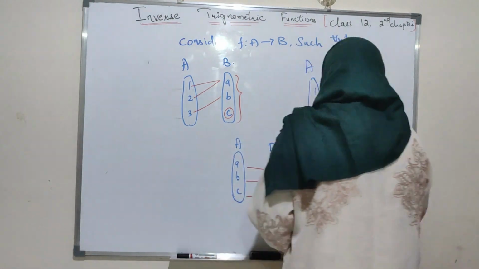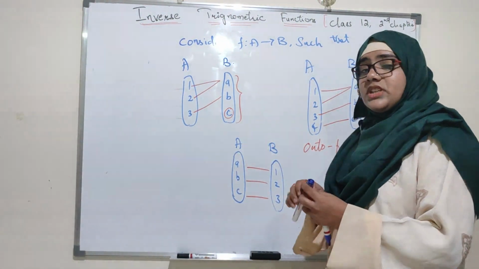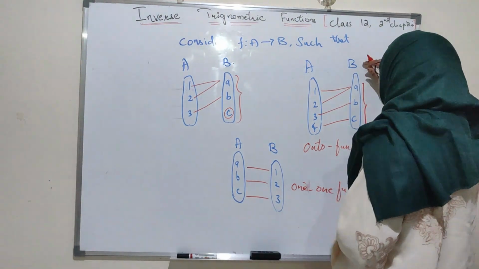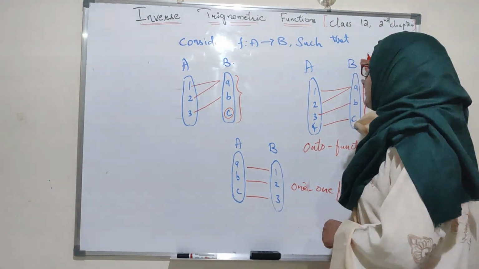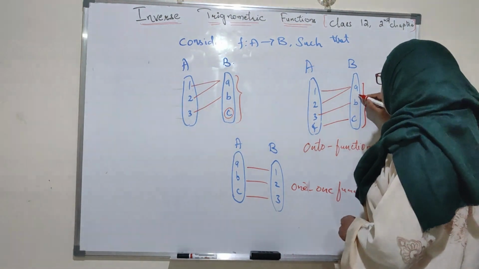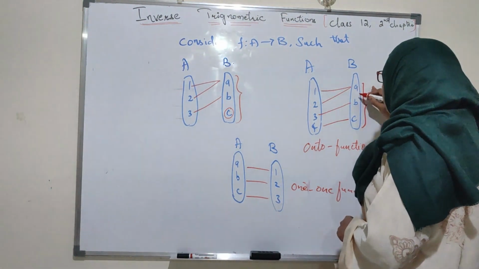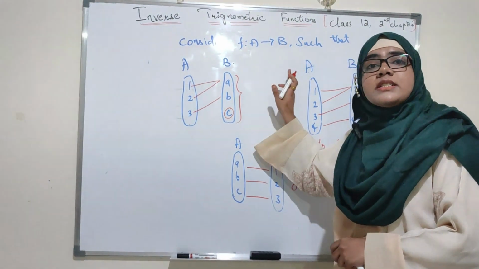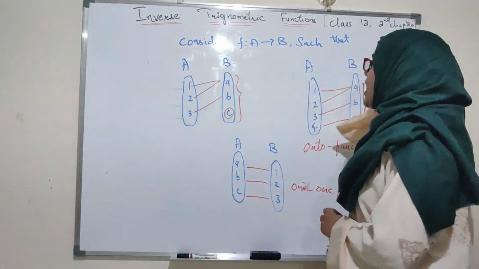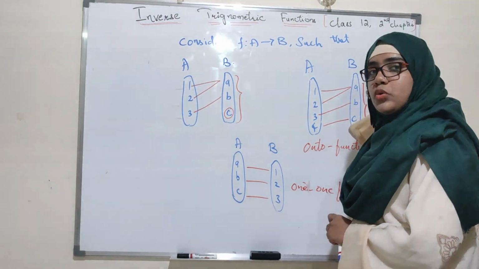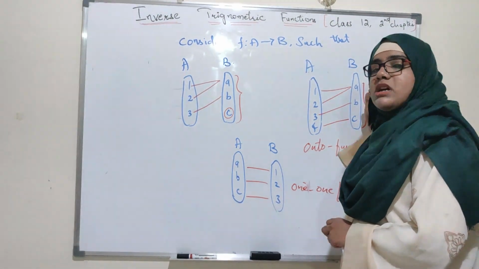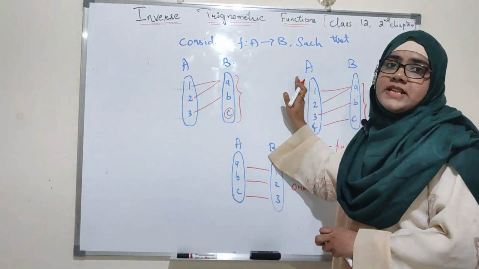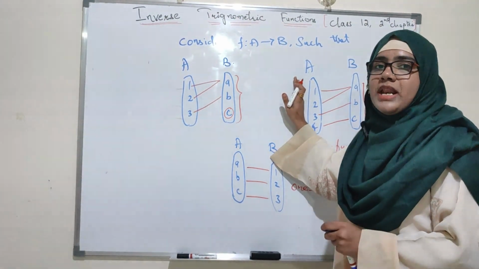Here, what is onto? In the case of onto, you have to check the second set, the codomain. For onto, every element will be the image of some element in the set A, or you can say every element in the second set or codomain will be the image of some element from the set A or domain.